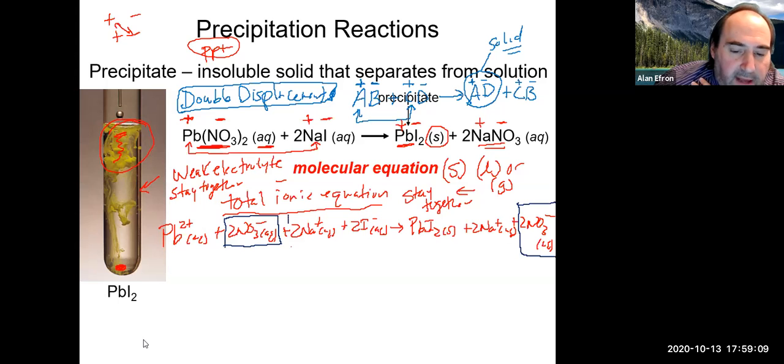We also have two sodium ions on the left-hand side and two sodium ions on the right-hand side. When you find an ion that looks exactly the same on both sides, and by the way, if you do this correctly, you should end up with the same number of those ions on both sides. If you find yourself with a different number of ions on both sides, probably something's not correct. These guys here are what are known as spectator ions.